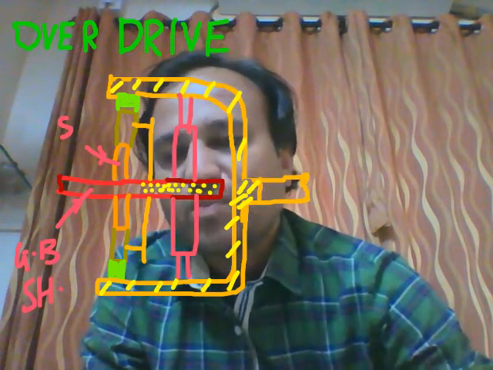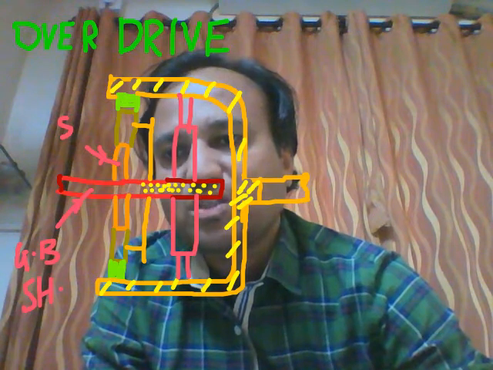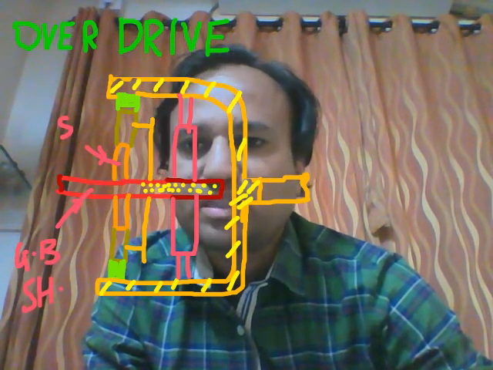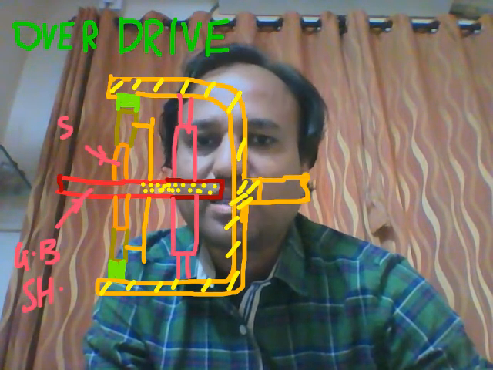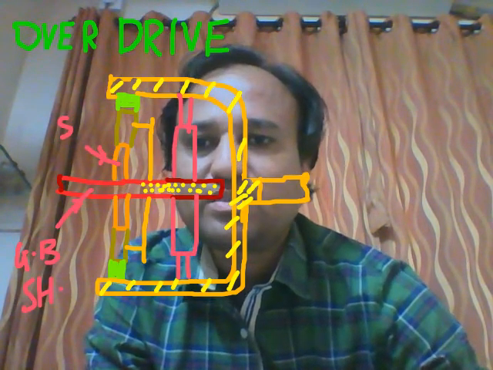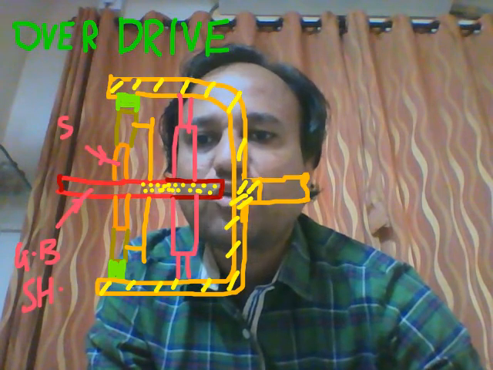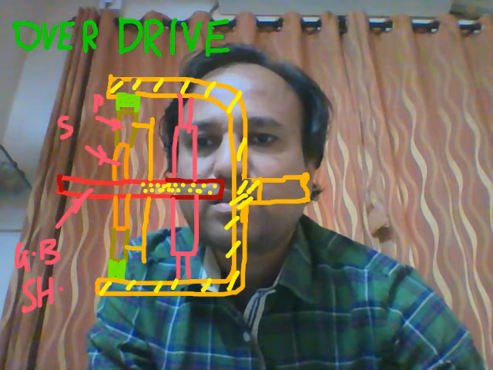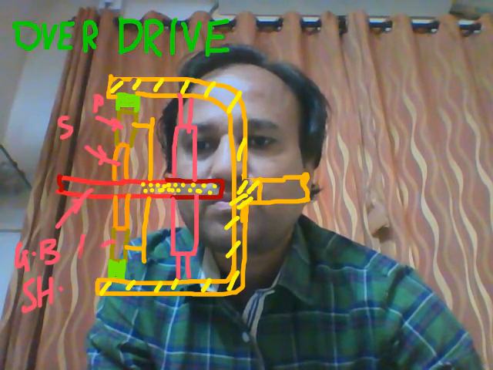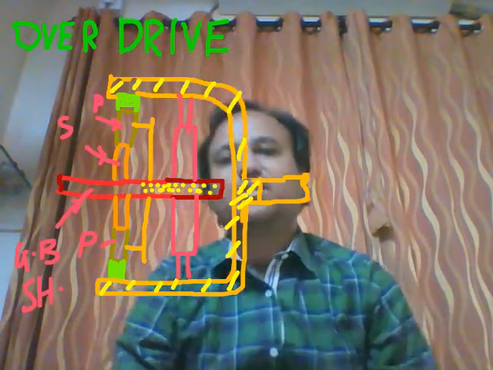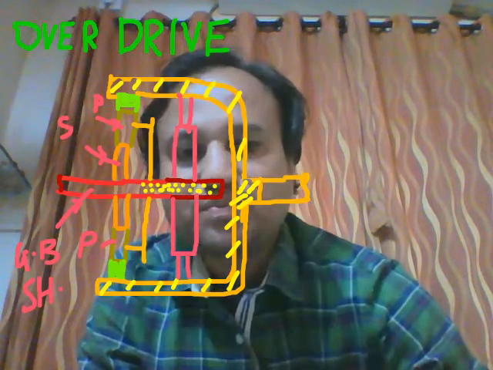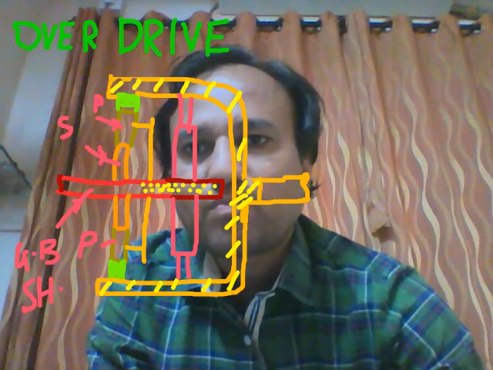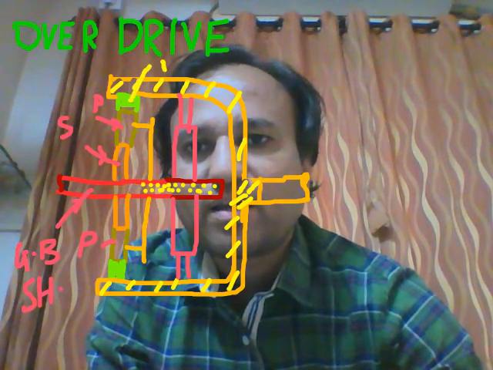So the output of gearbox is given to the sun gear. So the sun gear is connected to the planet gear. So again the planet gear is connected to a ring gear.